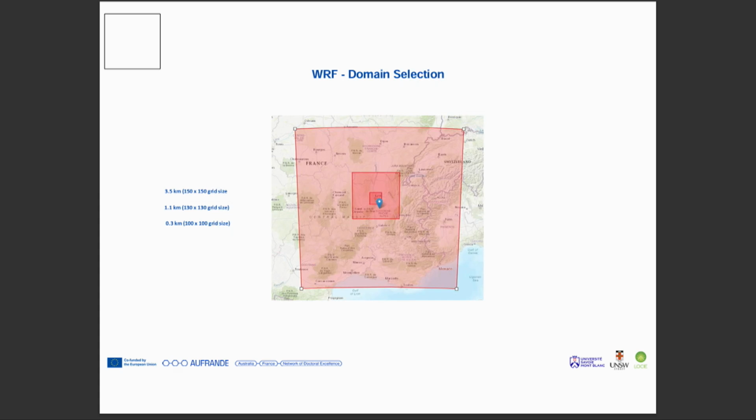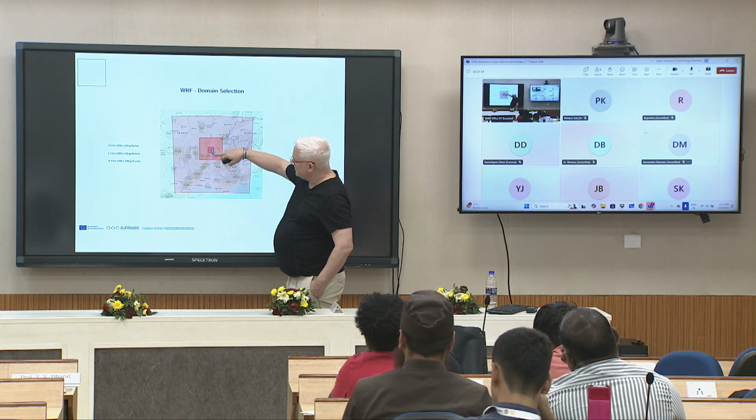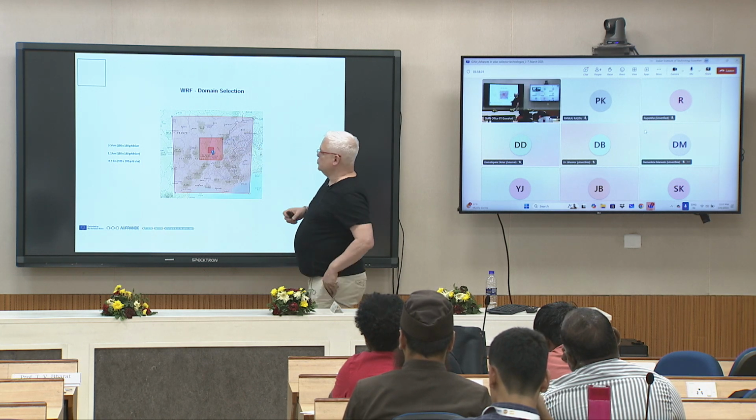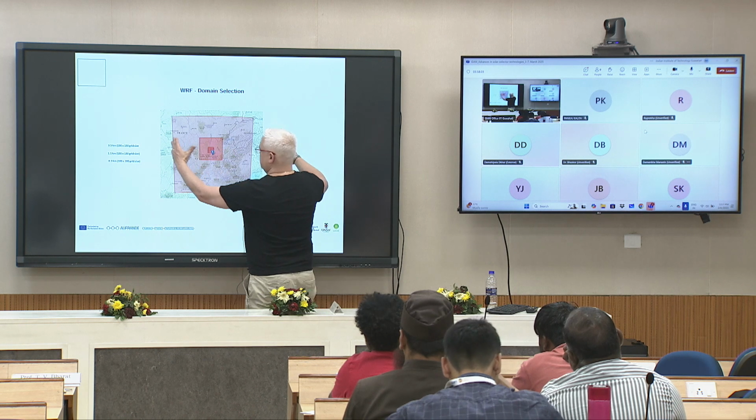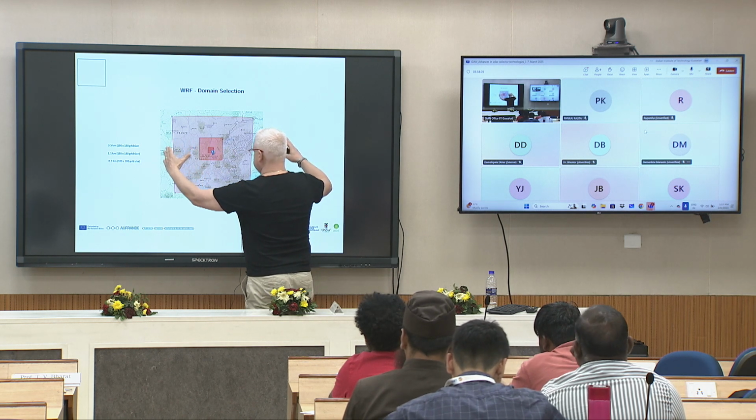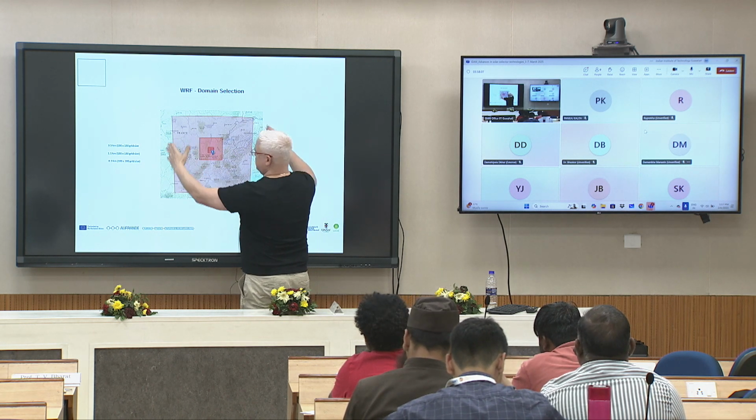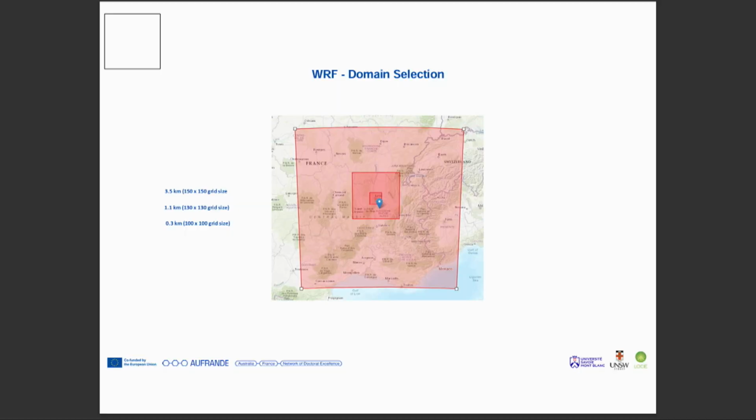This, for example, is for the city of Lyon. So here is a part of France, Switzerland is here, my institute is here, and Lyon is here. You see the scale on which he is working, multi-scale. So it is the southwest quarter of France, and then going down to investigate at the city scale.